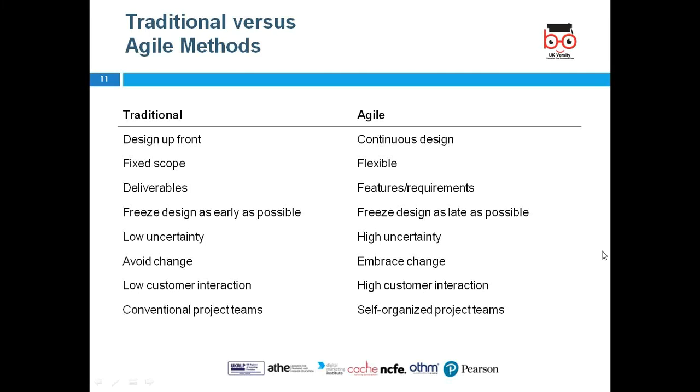Like a traditional one: designing upfront, fixed scope, deliverables are guaranteed, freeze design as early as possible, low uncertainty, avoid change, low consumer interaction, conventional project teams. And in the agile: continuous design, flexible features and requirements are given.